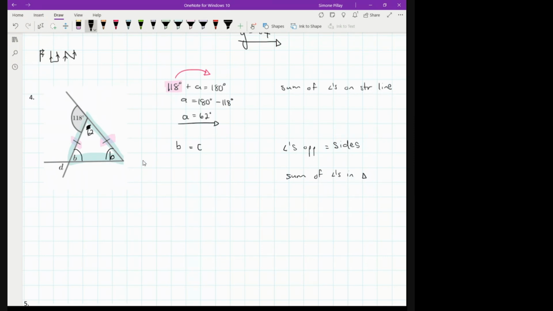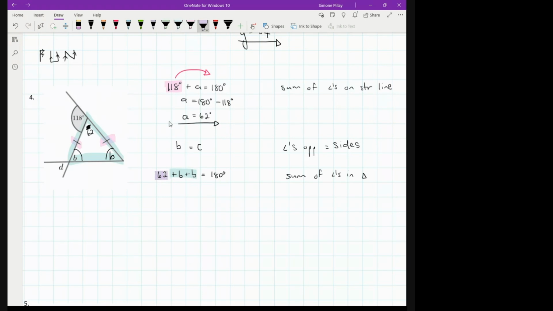Look at what happens when we set up our equation. Our equation is going to be 62 plus b plus b is equal to 180 degrees. Do you see we still only have one type of variable? So we can solve this. Itandile, how are we going to solve?